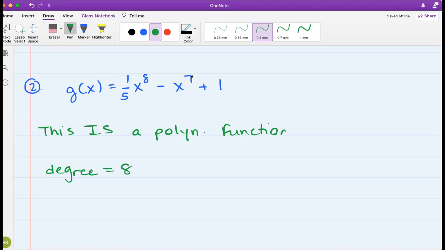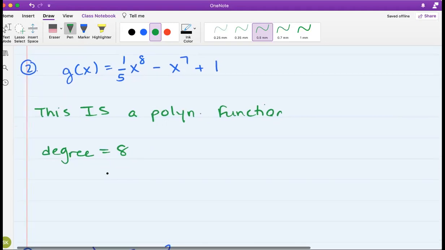Anything less than that, we can just add a 0 in front of that x to that power. So we can write this as, plus 0x to the 6, and so on, all the way till we get to 1. And this number in the front, it is a fraction. But remember, the coefficients in front of the x's can be real numbers, and fractions are real numbers.